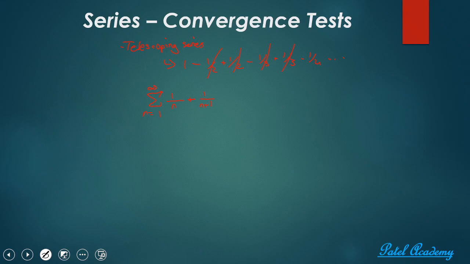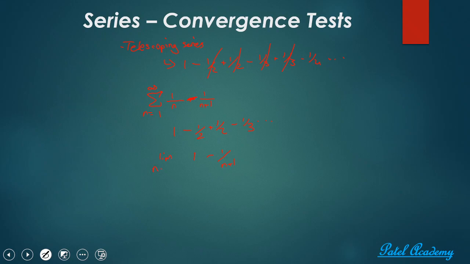Then think about what my terms are going to be. It becomes 1 minus 1/2 plus 1/2 minus 1/3, exactly as the above sequence. And so what will I be left with after all of these cancel? Well, I'll have 1, and then I'll have this last term, 1 over n plus 1, and n will be infinity.